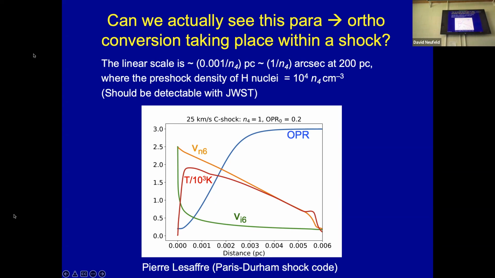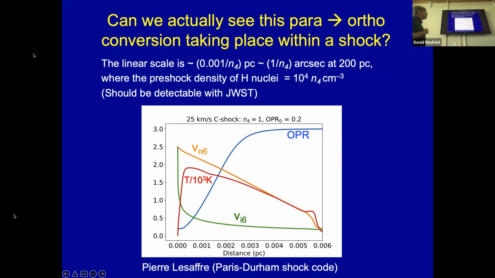So the first way you might think of doing this would be, well, if we had very good spatial resolution, then we could scan across the shocked region, and maybe we could see that changing. The trouble is the length scales are quite short compared to the resolution that we have in existing telescopes with spectrometers, at least the ones capable of observing H2.